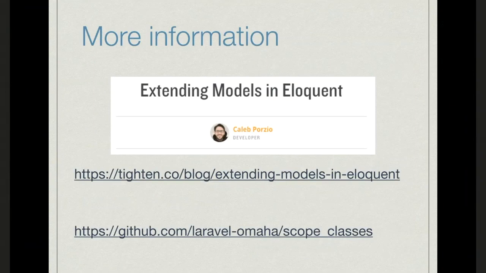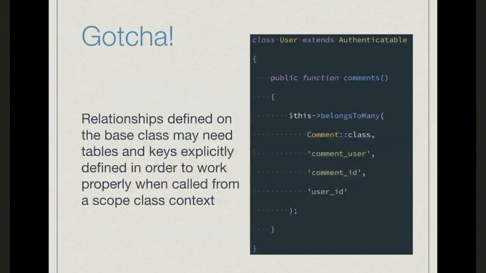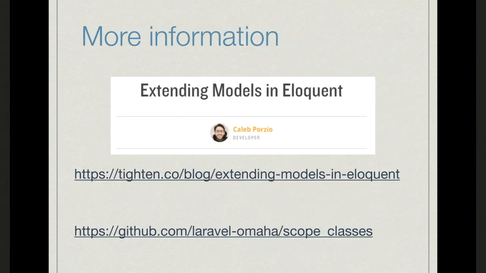So this literally covers everything I've talked about. And they actually have a solution for the gotcha where you can add a trait to your parent or your child models that says has a parent model, and it'll intelligently fix all of this stuff so that you can just use your relationships like you normally do.